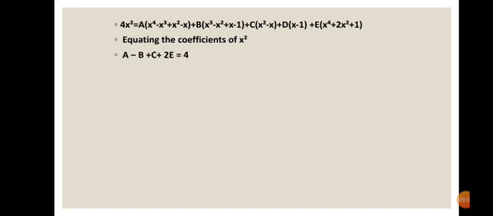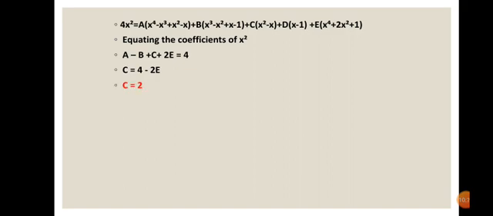As I already told that a is equal to b, so a minus b means cancellation of both the unknowns. So a and b will be cancelled out, and we will be left with c plus 2e is equal to 4. And if I move 2e to the right side, we will get c is equal to 4 minus 2e, and the value of e is 1, so when we put the value of e, we will get 4 minus 2, and 4 minus 2 is equal to 2. So the value of c is 2.